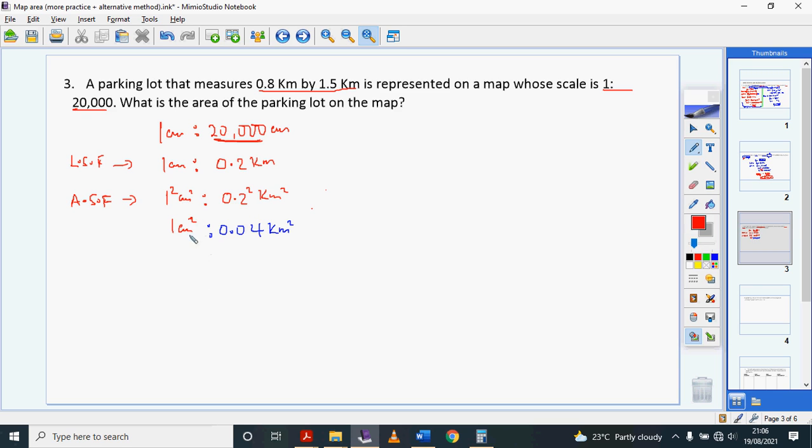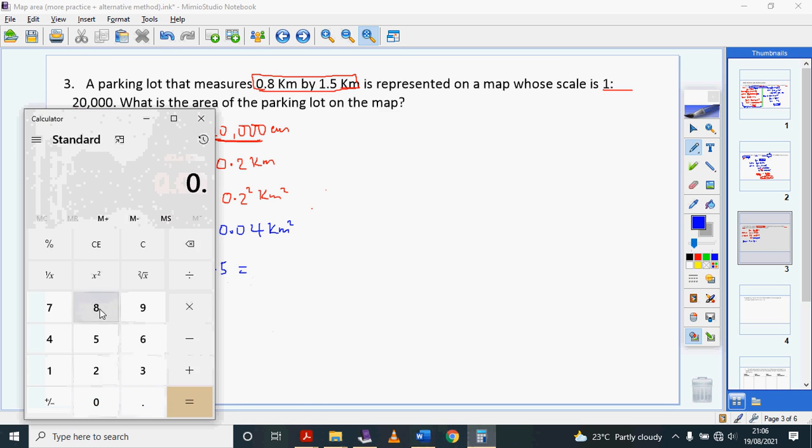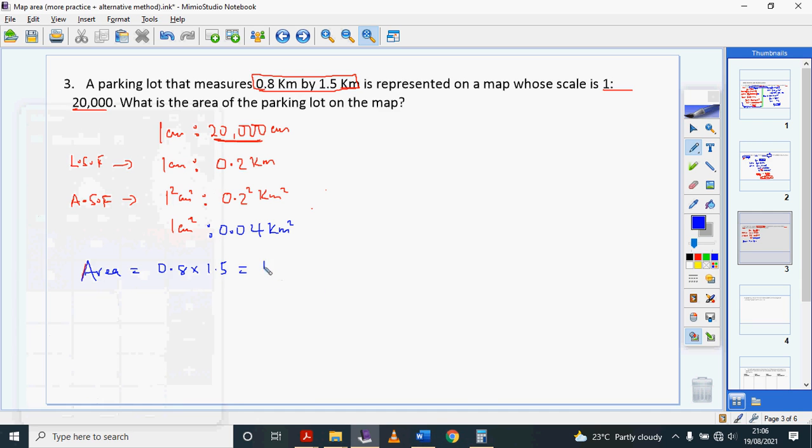So the next step is to ask myself, what is the area of this parking lot that's being talked about in kilometers? The area of that parking lot is, let me do that in blue because I want kilometers to stay blue, 0.8 times 1.5, and that is 1.2 kilometers squared.